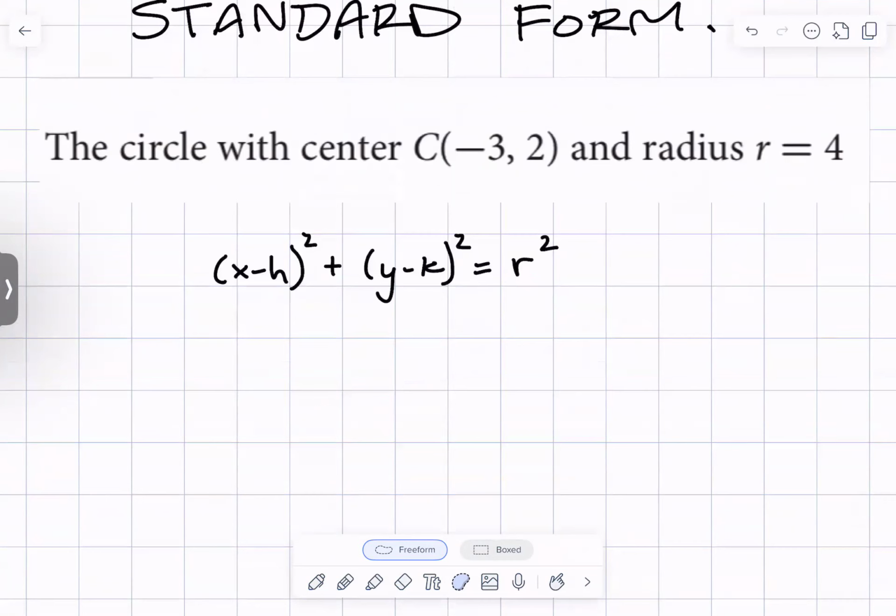And we're given this as our directions: the circle with center C at -3, 2, and the radius of 4. So all we're going to do, class, is plug it in.